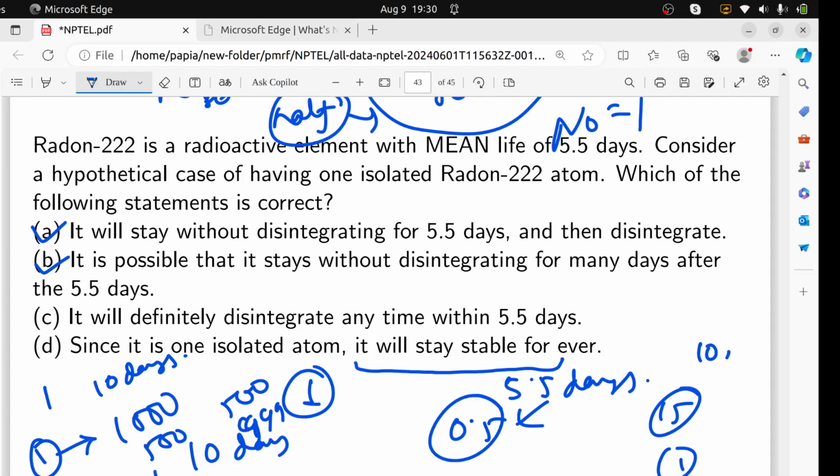So whatever the D option is, it says it will definitely stay stable forever. That will not be the correct one. It will definitely disintegrate at any time within 5.5 days. That is also not correct. It can disintegrate within 5.5 days or after 5.5 days. That is fine.